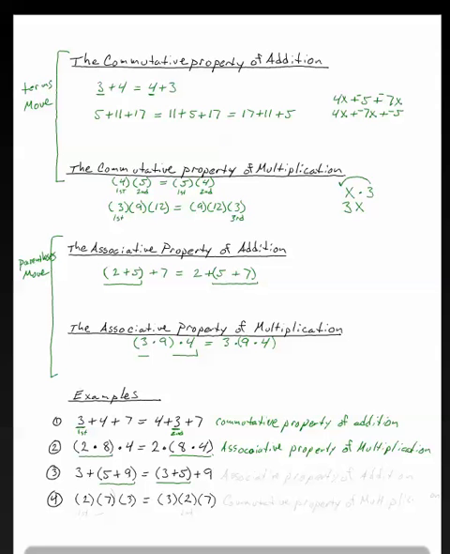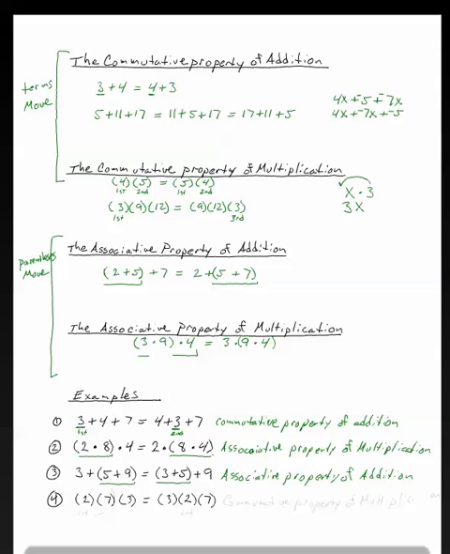So the parentheses have moved. That's got to be the associative property again. And then you just look at what operation's being performed. The operation being performed is addition. So that's the associative property of addition.